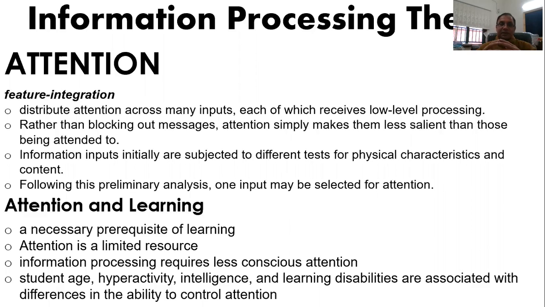Then, following this preliminary analysis, after viewing and analyzing the physical characteristics of what you are viewing or listening to, the input may be selected. Your senses select the information that you should be paying attention to. These are unconscious processes. We are not aware of it, but that's what we do.